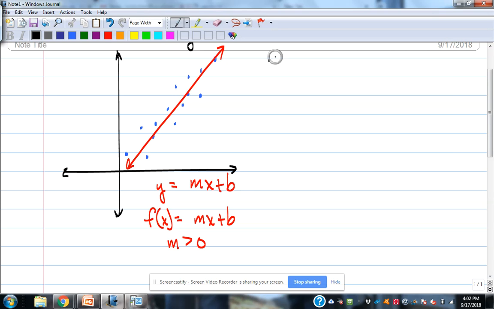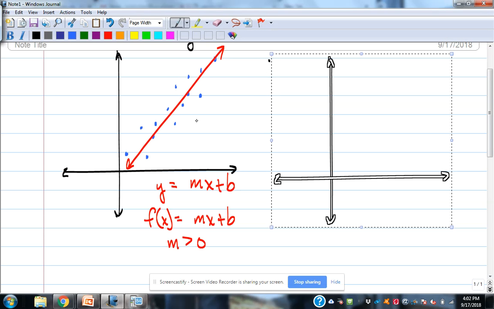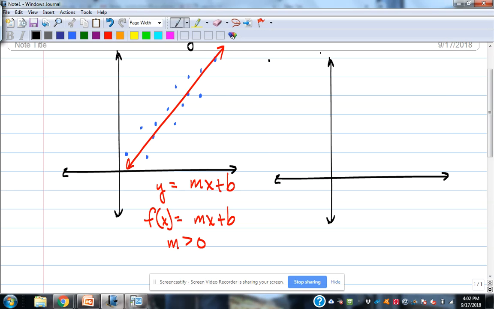I'm going to draw another coordinate plane and put some points on that follow a different pattern. Just putting some random points, but they follow a certain pattern. We can see that those follow the trend of the line that goes this direction.